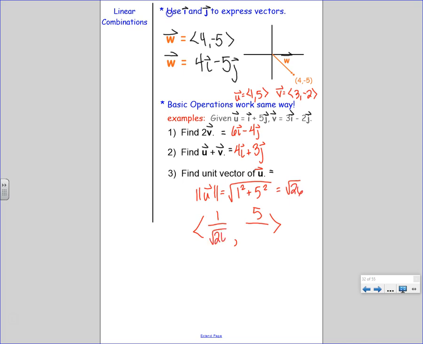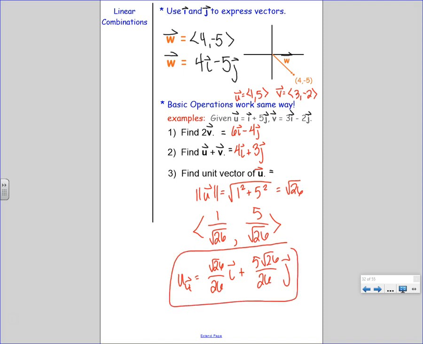And remember, you divide each of those. But if I was writing it in linear combination form, I would just rationalize to make it pretty, and put my i, rationalize to make it pretty, and put my j. Process is still the same, I just have opposites.